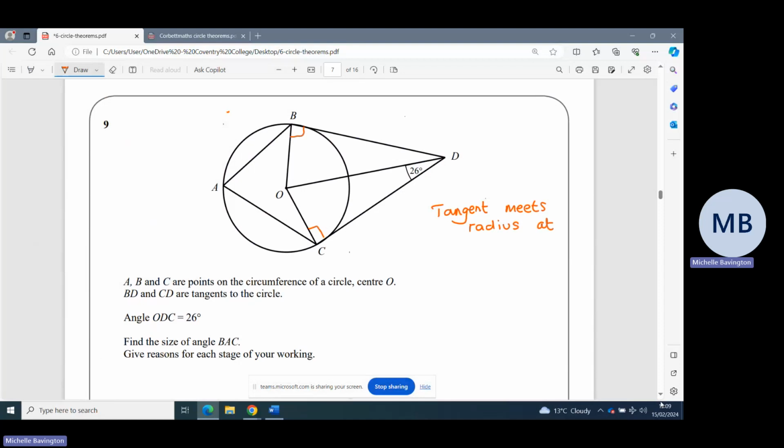Tangent meets radius at 90 degrees. So we know that the center, I'm going to write it down. So the center angle is twice the angle at the circumference.